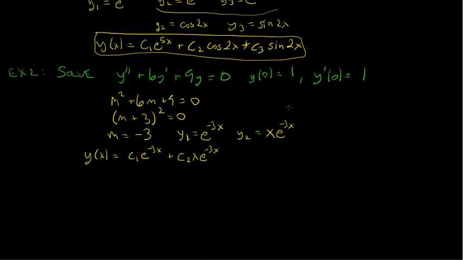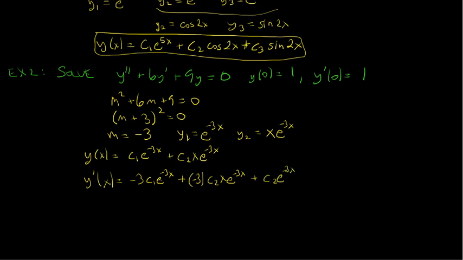Now, to get the particular solution, we use the initial conditions here. First let's take the derivative, y prime. That's going to be -3 c1 e to the -3x. And here we have to use the product rule, right? So first times the derivative of the second, that's going to be -3 times c2 x e to the -3x, plus second times the derivative of the first, so that's just going to be c2 e to the -3x.